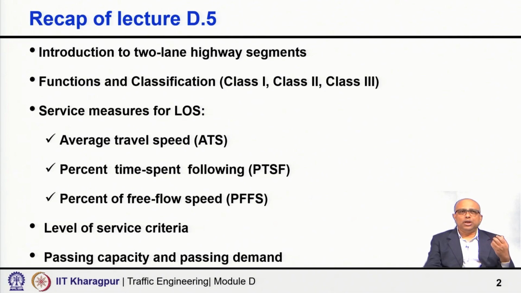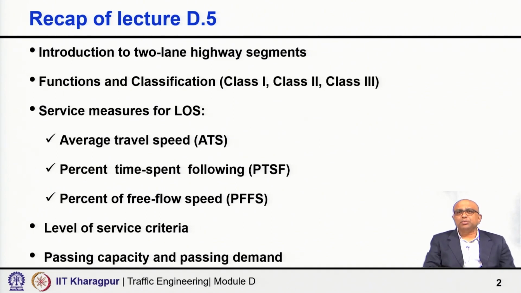Two-lane highways serve a wide range of functions, and therefore there are three classifications of two-lane highway segments: class 1, class 2 and class 3. We also discussed various service measures which should be used to define the level of service for different classes of road.